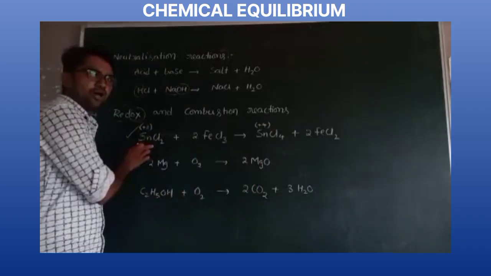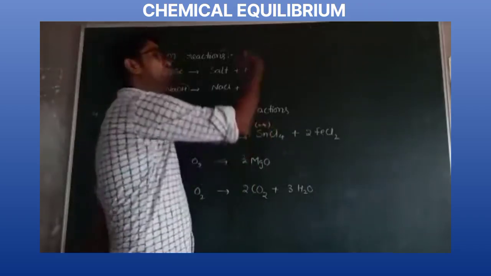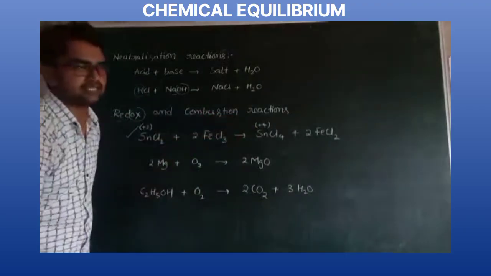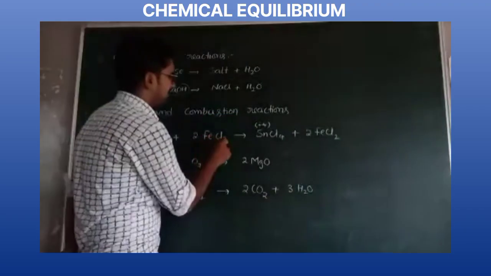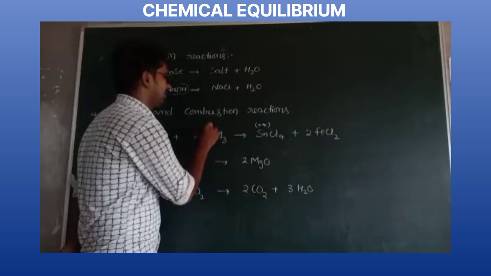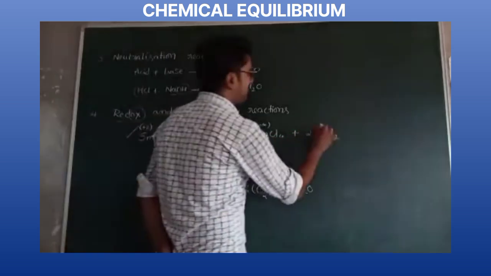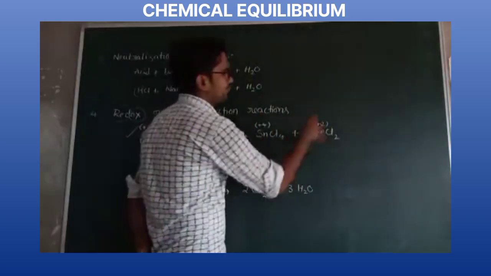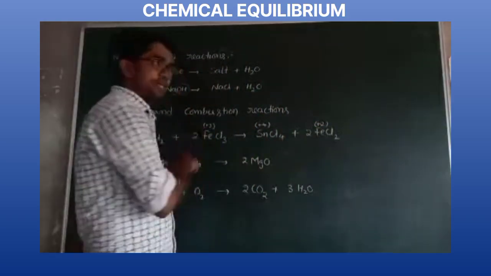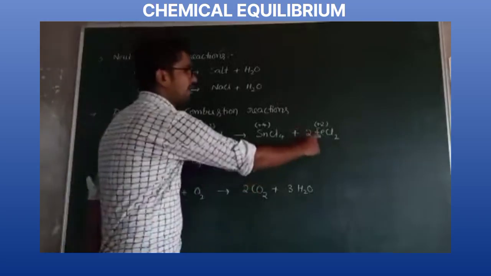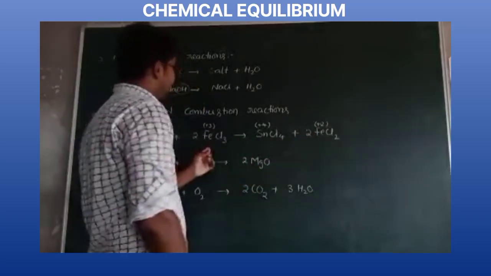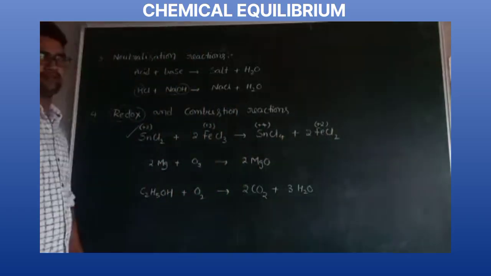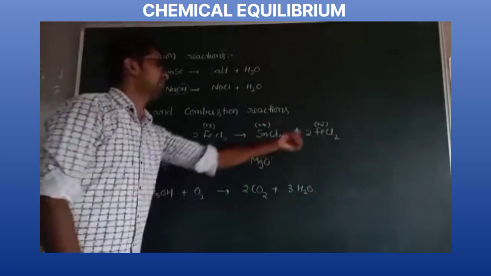+2 means it has already lost 2 electrons. +4 means 2 more electrons are lost. So loss of 2 electrons, so it is an oxidation reaction. Similarly, in FeCl3, the Fe oxidation state is +3. In FeCl2, the Fe oxidation state is +2. +3 converted to +2 means gaining 1 electron.